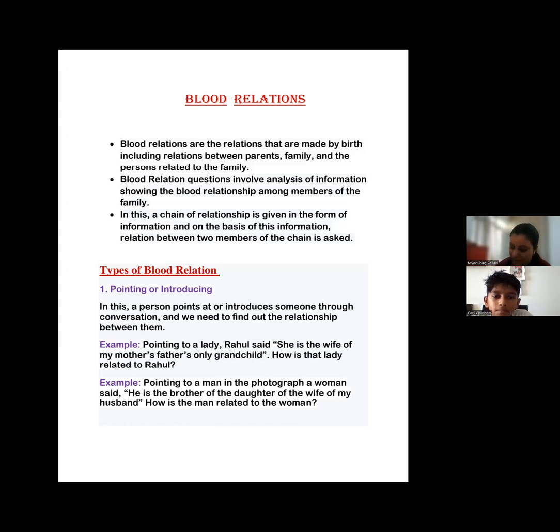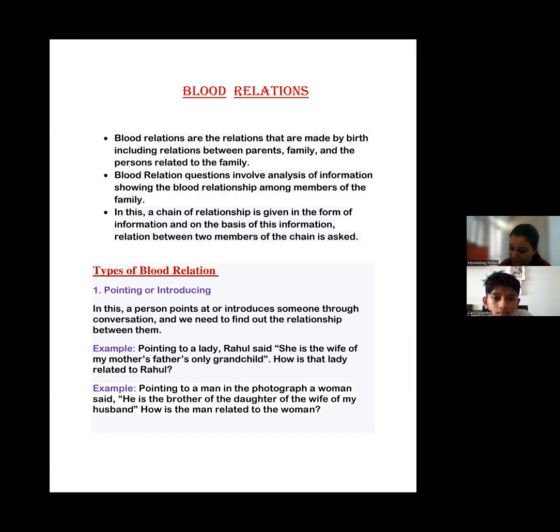So in this type of reasoning, what do we have to do? First of all, they are the relations that are made by birth, as we have seen. Now these types of questions involve analysis of information showing the blood relation among the members of the family.